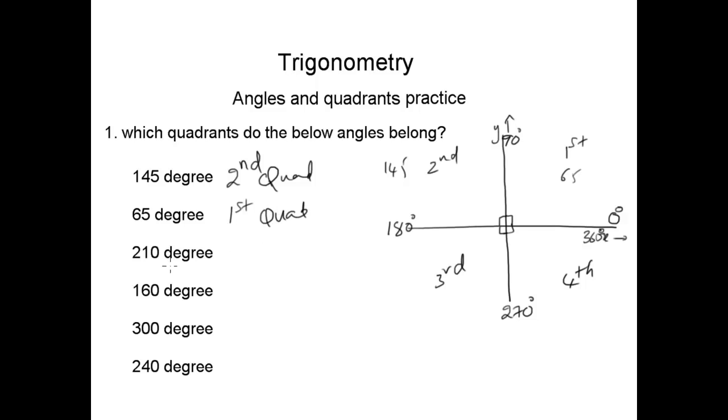How about 210? 210 is between 180 and 270, so that is the third quadrant. 160 again is between 90 and 180, right? 160 is less than 180 and greater than 90, so this is again the second quadrant. 300 is less than 360 but greater than 270, so that is the fourth quadrant. 240 is less than 270 and greater than 180, that's again the third quadrant.